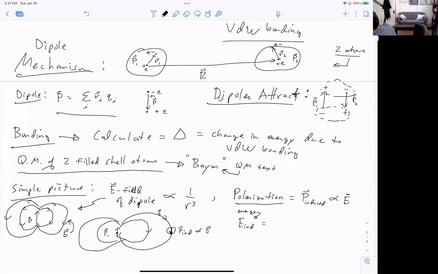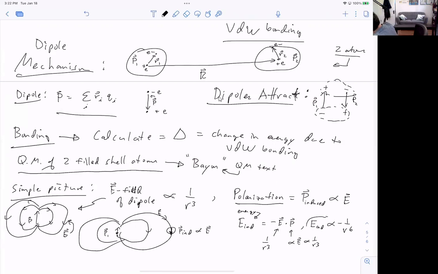For a dipole in an electric field, the energy is minus electric field dot P. And so if the electric field goes as 1 over r cubed, where r is the separation between the two atoms, and the induced dipole is proportional to the electric field, which is also proportional to 1 over r cubed, then you can see that the induced energy is proportional to negative 1 over r to the 6th, because it's 1 over r cubed times 1 over r cubed.